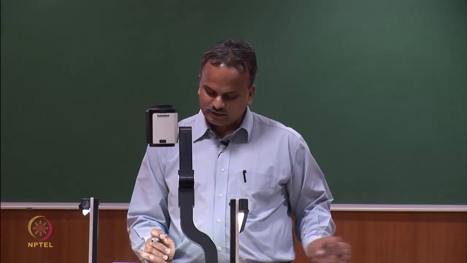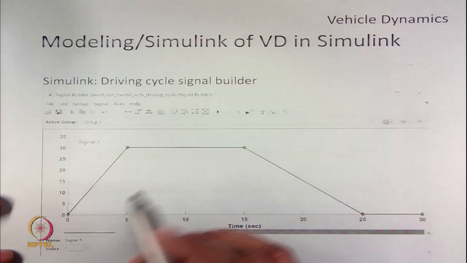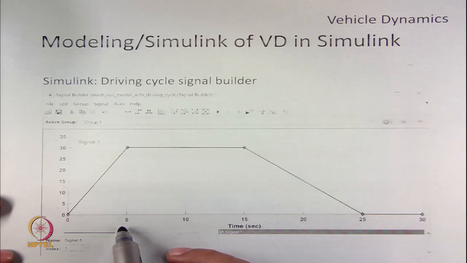Again, if we try to see a system where the acceleration is only for 5 seconds, but the deceleration is longer: deceleration is for 10 seconds and the acceleration is for 5 seconds. We have a constant speed mode from 5 to 15. So, what will happen here?